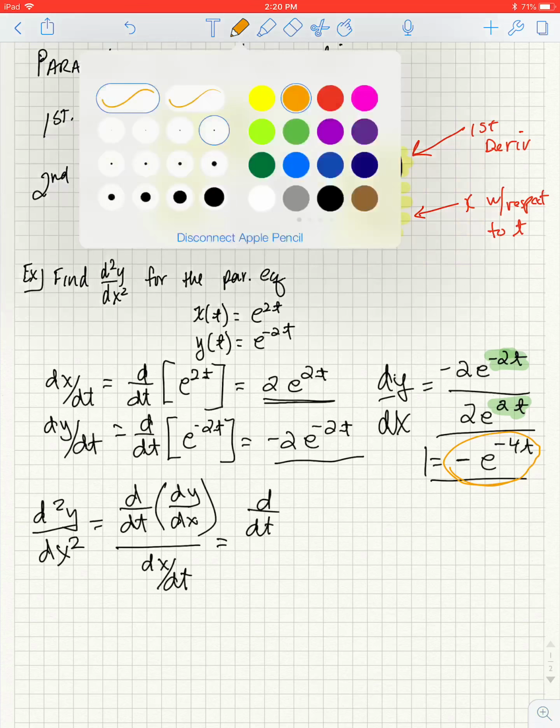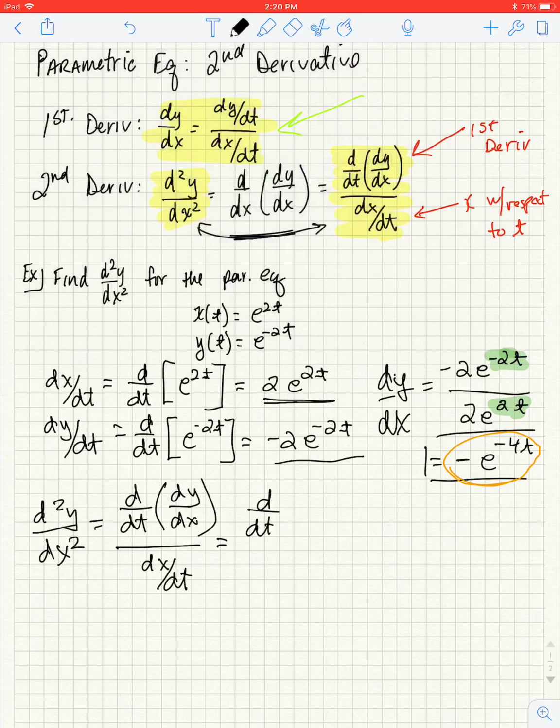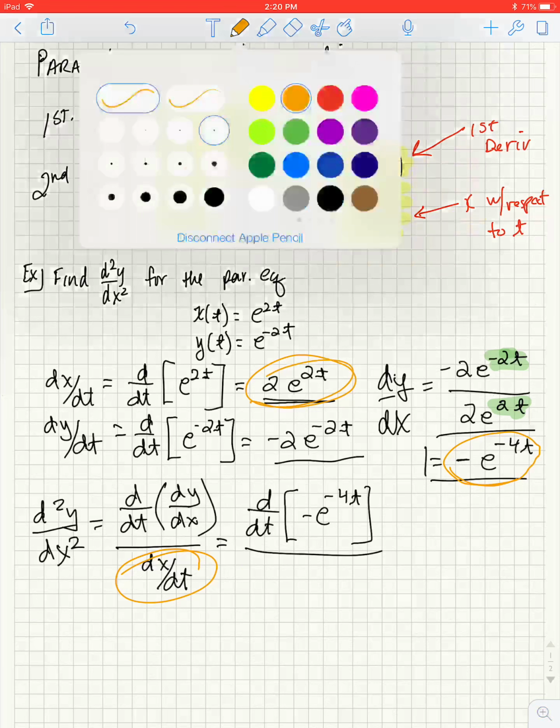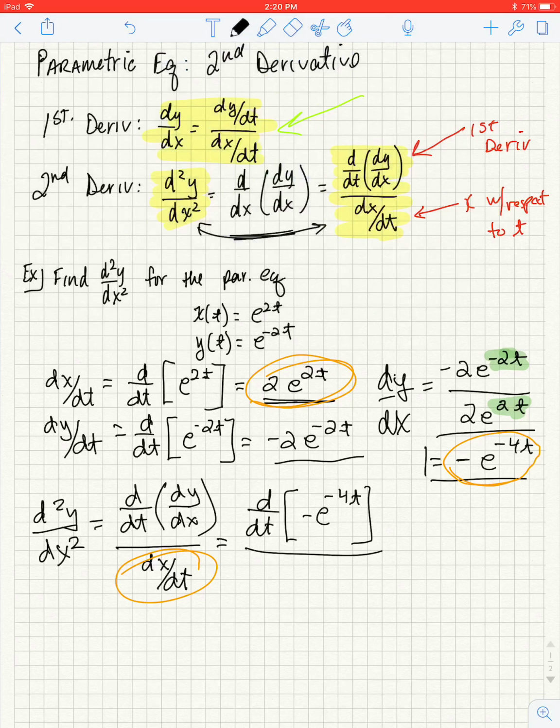So you're taking the derivative of that with respect to t. Write it this way so that you make sure, until you actually know the formulas. And then we also know dx dt, we have that already done when we did our first derivative.